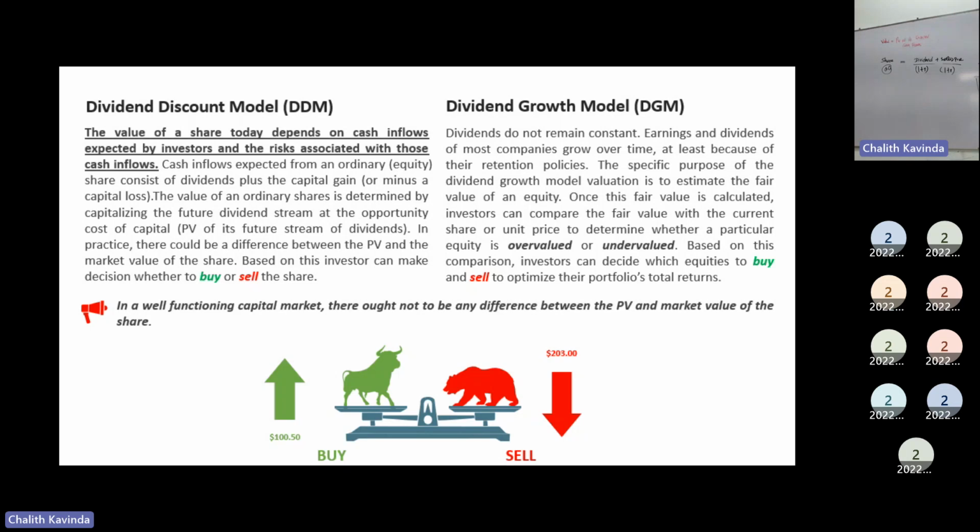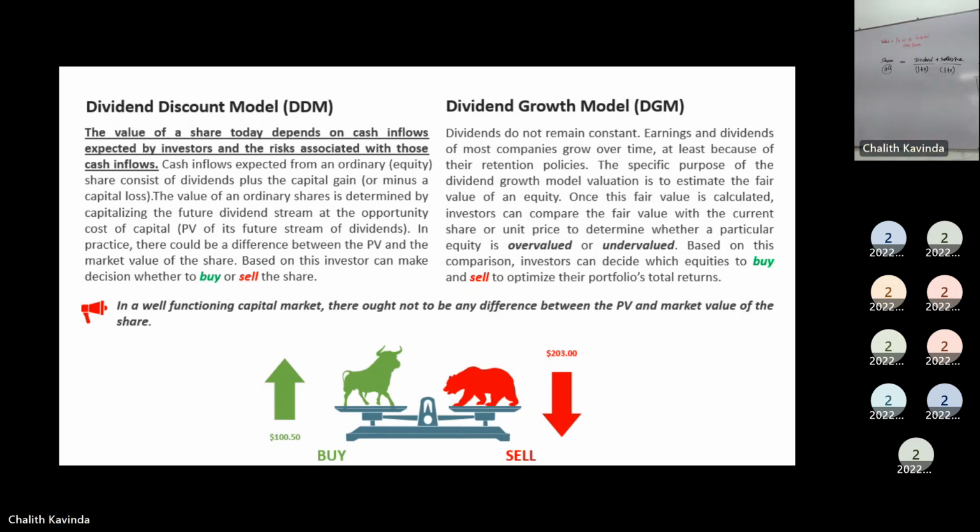Here it says the value of a share today depends on the cash inflows expected by the investor and the risk associated with those cash flows. That is the fundamental principle you want to know for how to calculate the value.